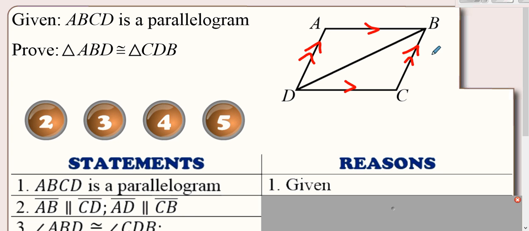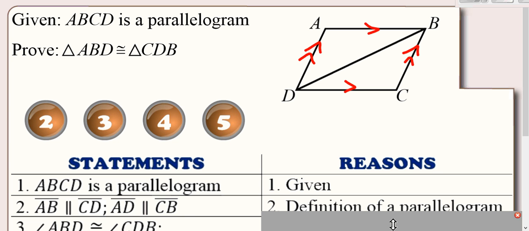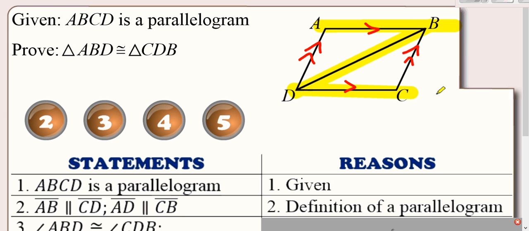That's what we just wrote down on the last page. That's the definition of a parallelogram. So now that we know parallel lines, we also have this line BD going down the middle. That's a transversal. That's a Z shape.